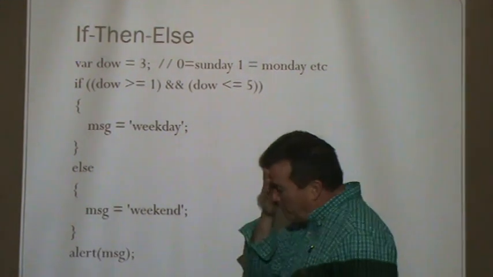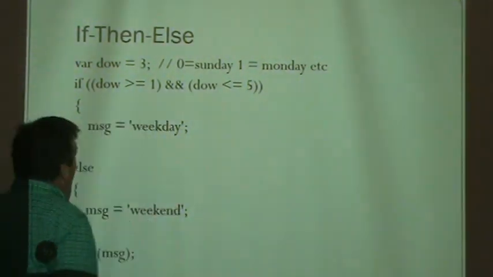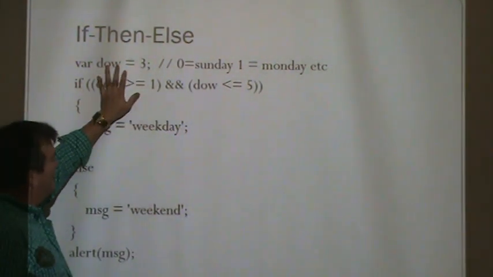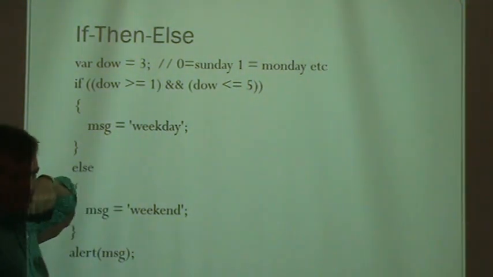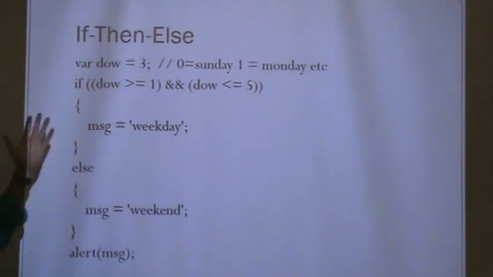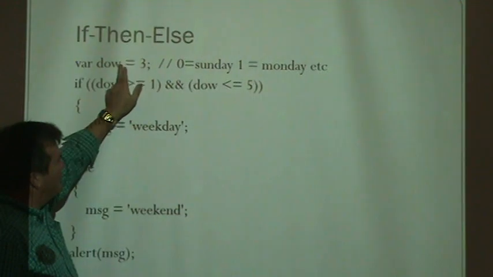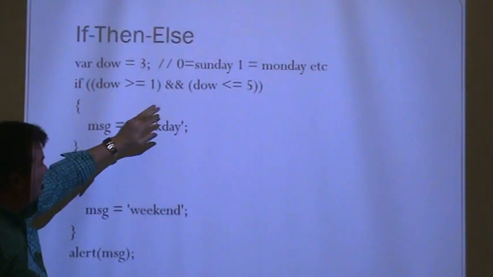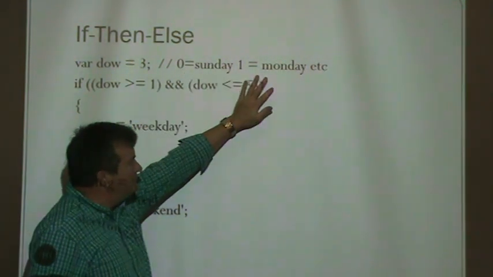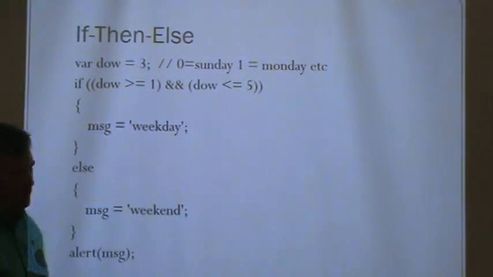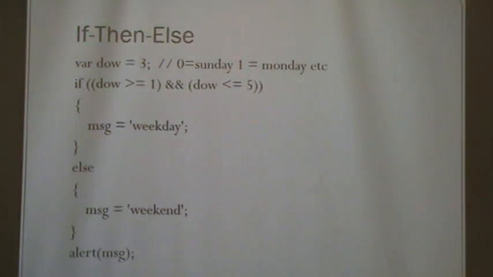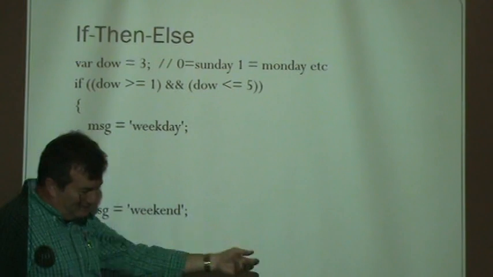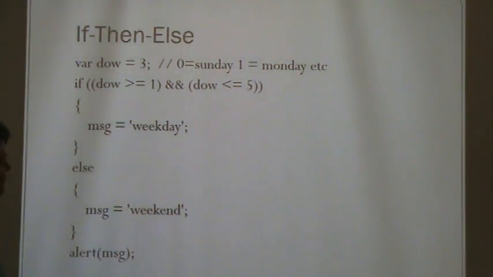So for example, when we talked earlier in the semester, we could ask the client machine what day of the week it is. So let's say the client machine came back and told us the day is 3. And if you remember the day of the week number, Sunday is 0, Monday is 1, so 3 would be Wednesday, right? So suppose we asked the client machine what day is today, it would tell us 3 if we did it on a Wednesday.